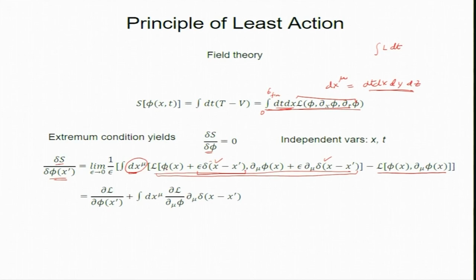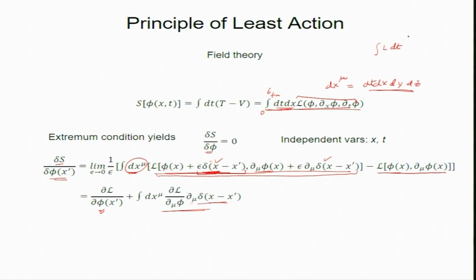This term minus this term gives you that one, because you get a contribution from here, and the second one gets a contribution like this. I had to take a derivative with respect to this and multiply by that, but now I have a partial derivative of the delta function, and I do not know how to deal with the derivative of a delta function.